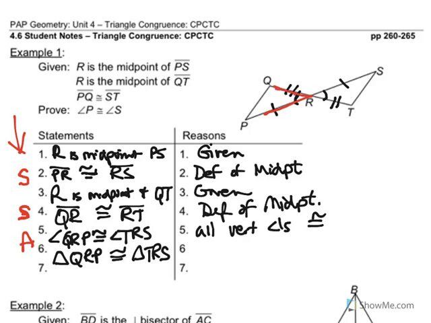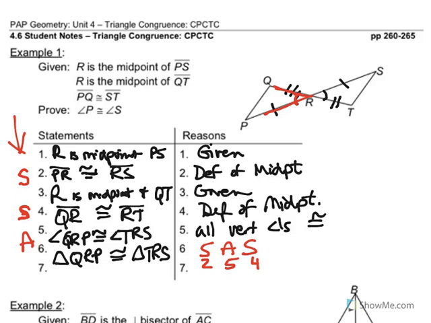So we have side, and the angle is the included angle in between the two sides. So we're doing it as SAS, and that's from statement 2, statement 4, and then statement 5 is the one in the middle.